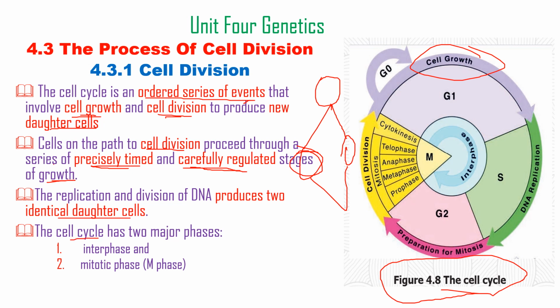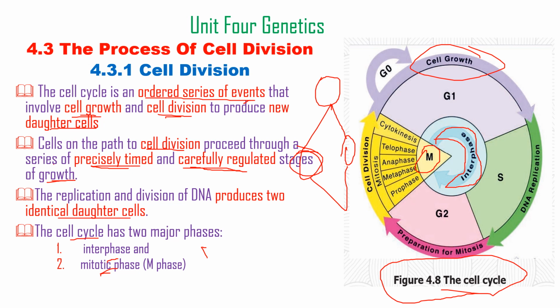The cell cycle has two major phases, known as the interphase and the mitotic phase. We will see each phase next class. The interphase goes from the G1 phase to the S phase and the G2 phase, and the mitotic phase is known as the M phase.